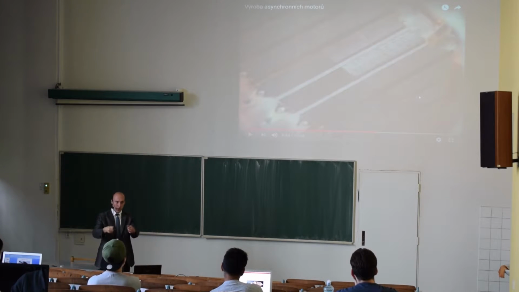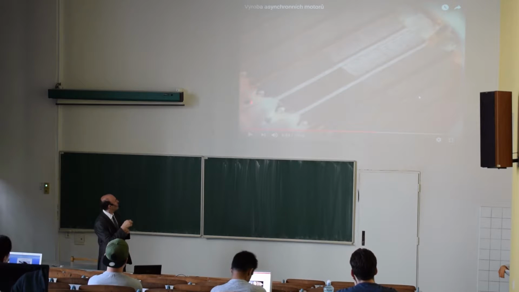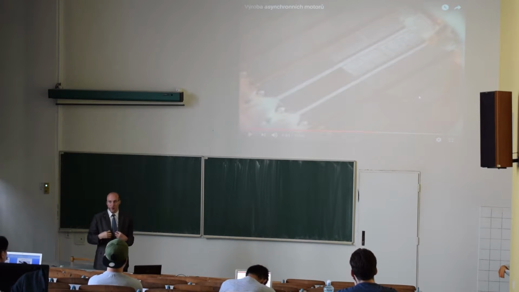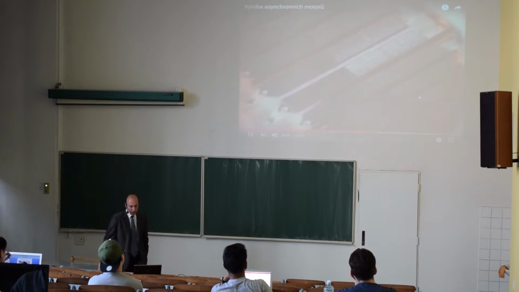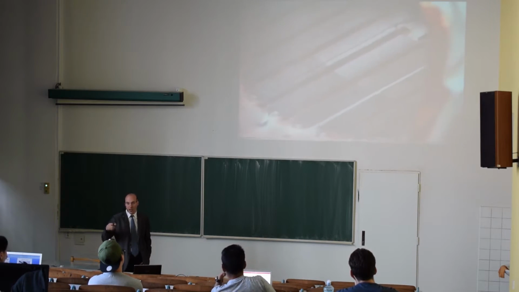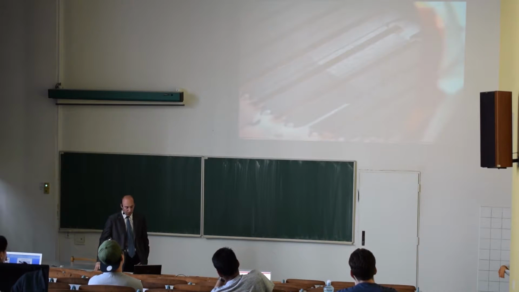When you pull the winding inside, there needs to be some free space so that you can pull it down, but this fixes the winding in the position. So it's like a wedge that you put inside of the winding.